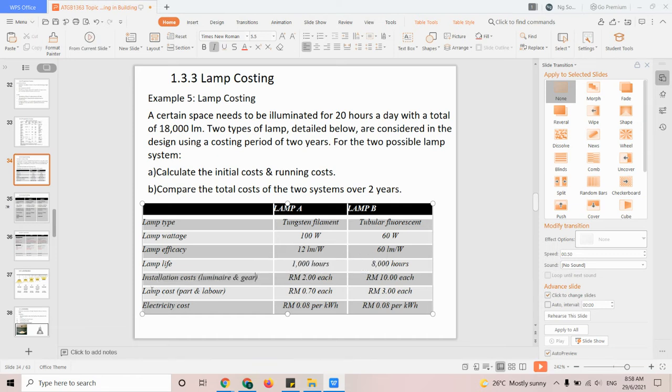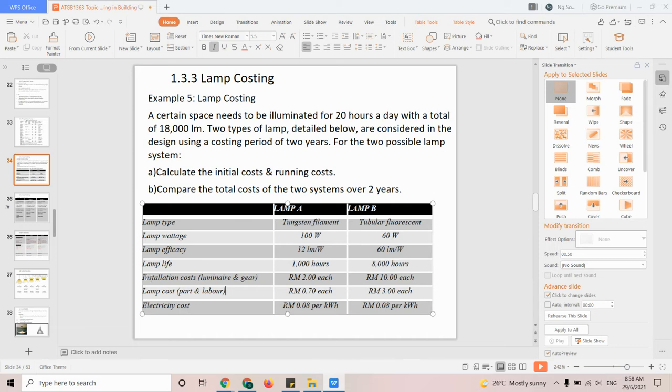And then next you have your lamp cost, which means you'll need to change the lighting physically. The installation cost and the lamp cost are different things. So the lamp is the light itself, and the installation is the body of the lighting. Sometimes you need to change one or you have to change all.